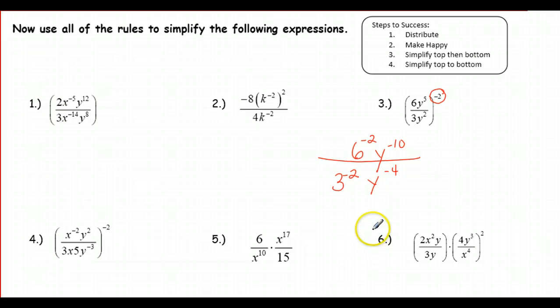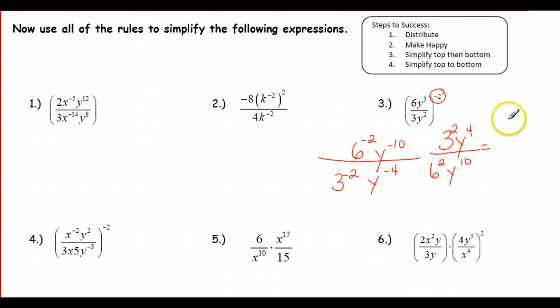Now I want to flip everything so that my exponents are positive. So we're going to get 3 squared y to the 4th over 6 squared y to the 10th. I'm going to go ahead and simplify my 3 squared and 6 squared. So I have 9 y to the 4th over 36 y to the 10th.